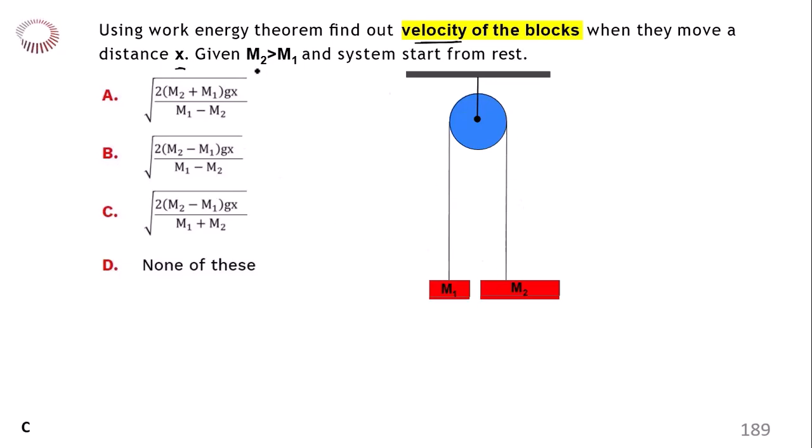If m2 is greater than m1, m2 is moving downward by a distance x, and m1 is moving upward by x. So after some instant of time, there is a separation of 2x between them. Now I want to calculate the velocity of the particle.